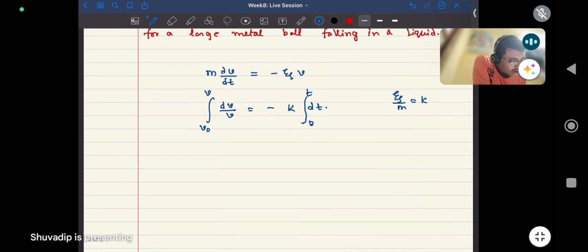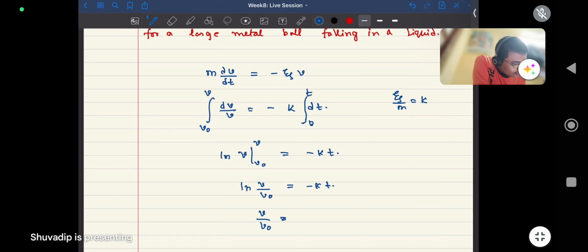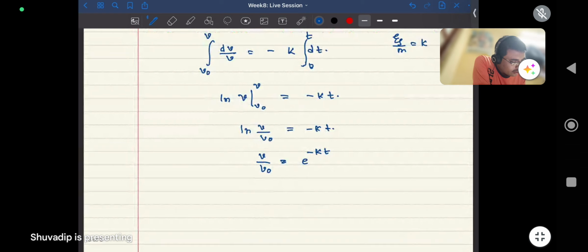This side will be log of v, limits v0 and v, and this side is minus kt. So ln of v by v0 is minus kt, so v by v0 is e to the power minus kt, and from this v is v0 e to the power minus kt.